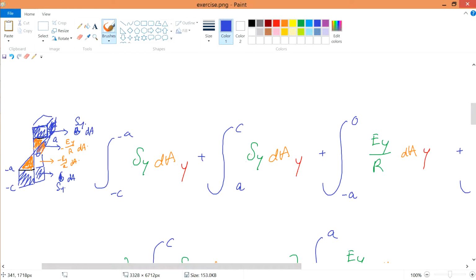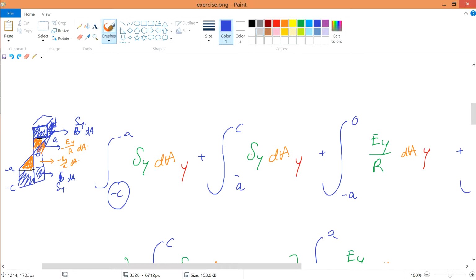From minus C to minus A, this SY dA is our force. As we have shown over here, SY times dA, because we're talking about this range. So far so good.